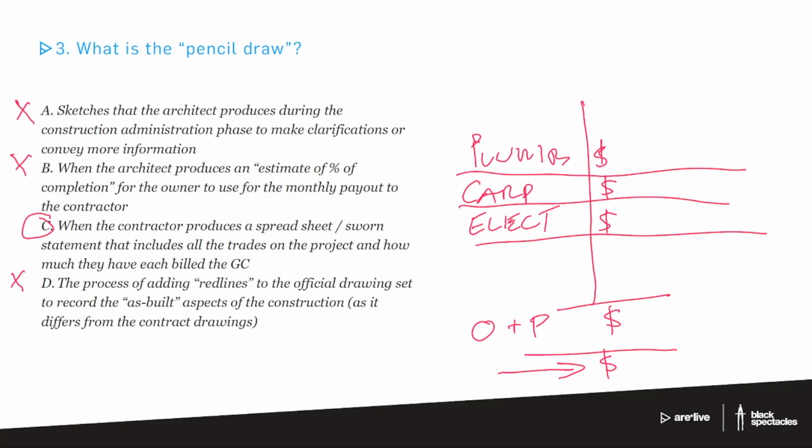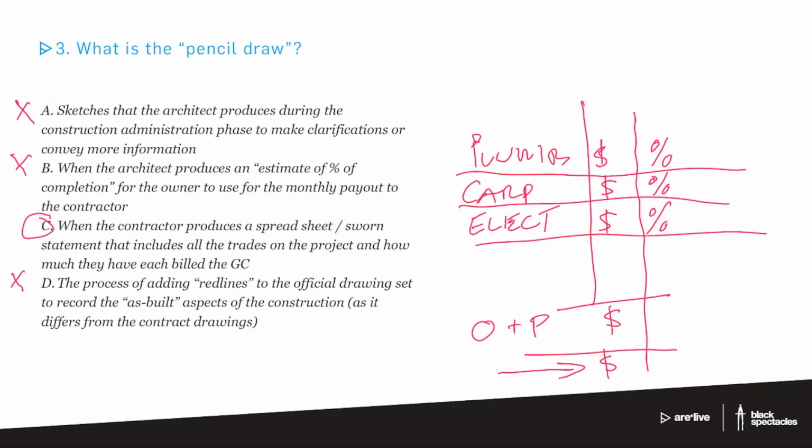It's all of those things listed, but it's also what their percentage of completion is, what each one of those is at this moment. So if we're on month number 1, then excavation and concrete are probably pretty far along in their percent complete, but maybe electricians, very little. There might be a little bit of site work, but probably not much until there's something to put your conduit and wires into.